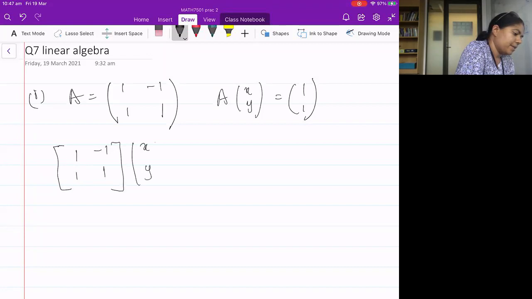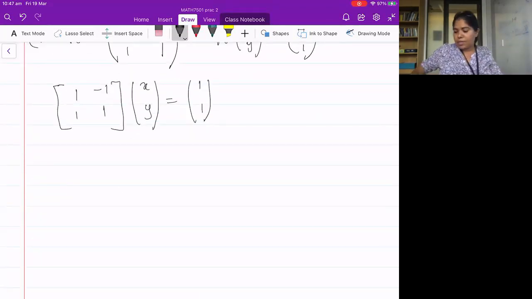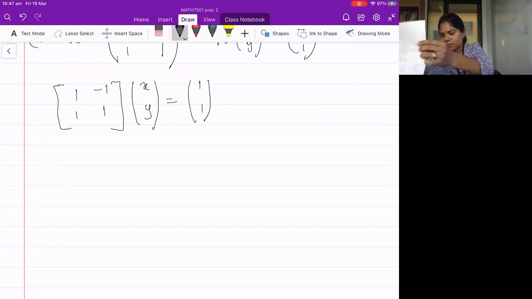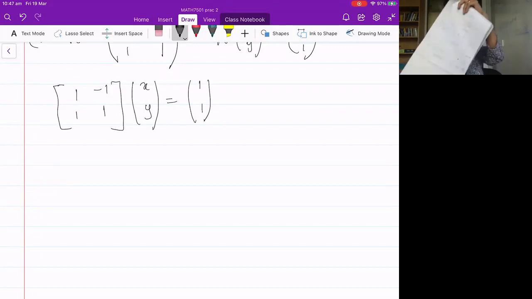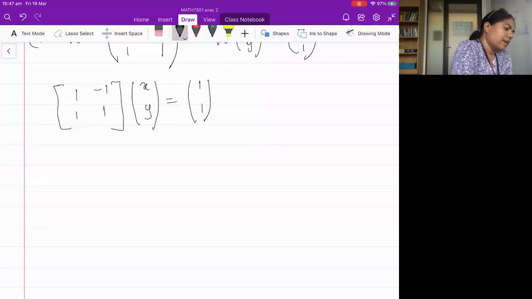A is [1, 1; -1, 1], times (x, y), is (1, 1). You can form two equations for this. This is a dot product, row by column.